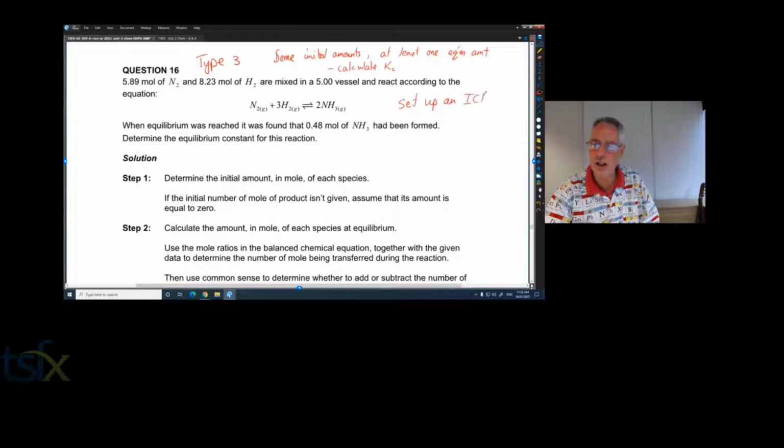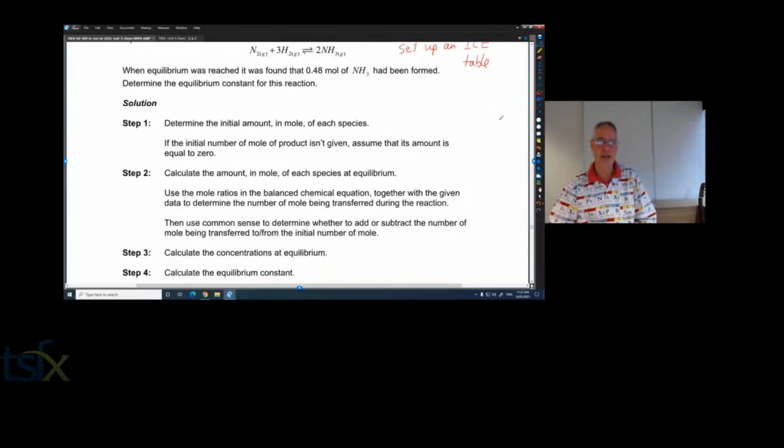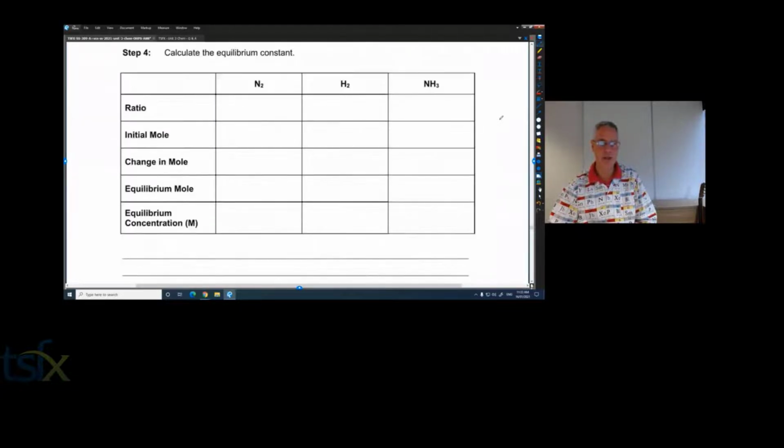I'm going to do it slightly differently from these notes. They're going to set up a rice table. Let's explain what I mean by running through this typical calculation. Right, here's your table. You don't have to draw up a table.